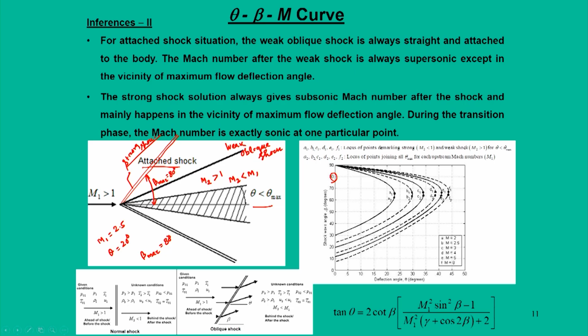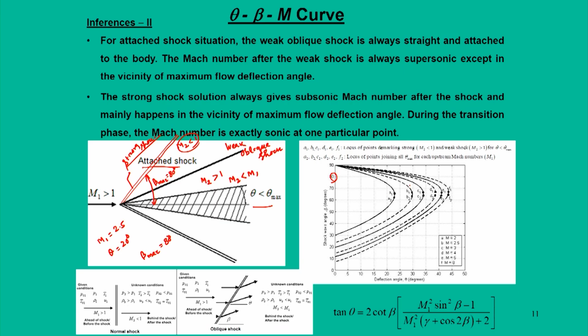If your beta is 90 degree, it resembles a normal shock. In this particular case we get beta is 80, that means the strong shock solution behaves as a normal shock, and for this case when you have a strong shock, your M2 will be less than 1.